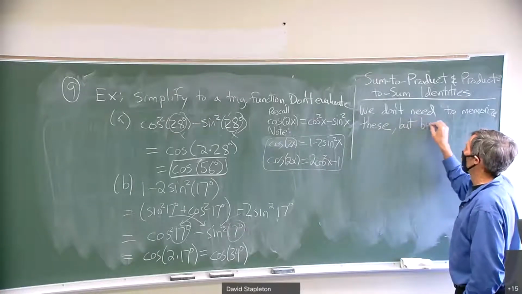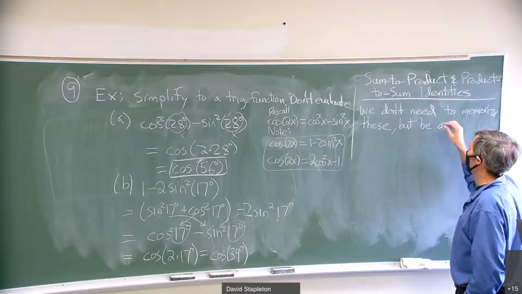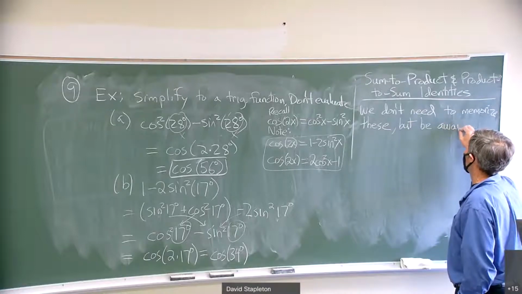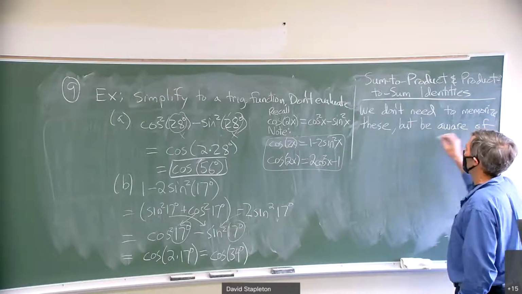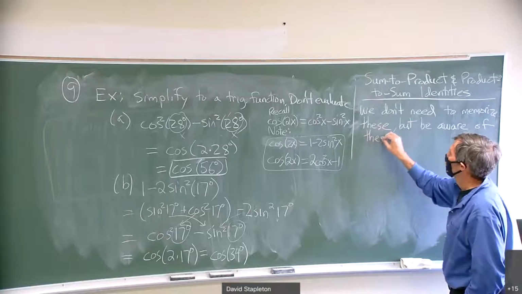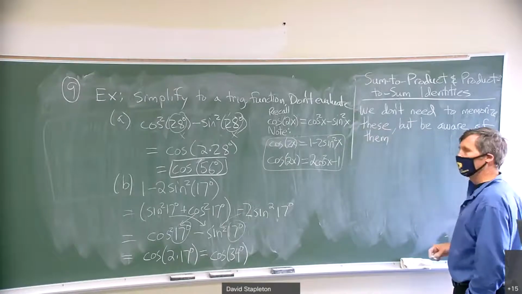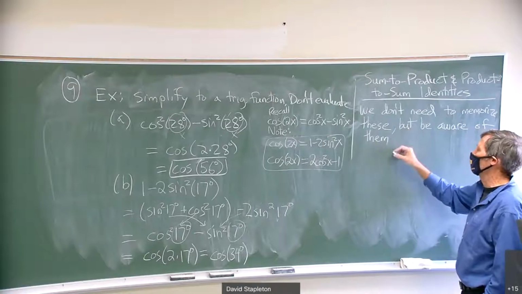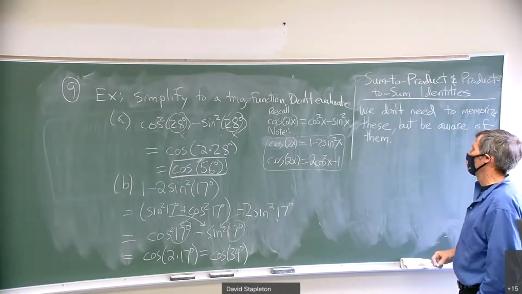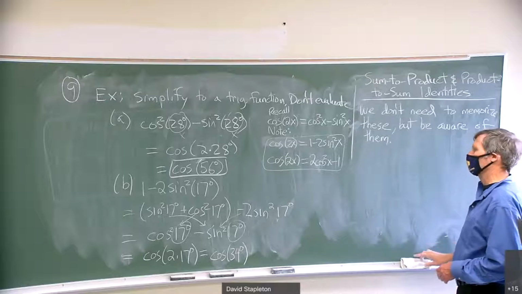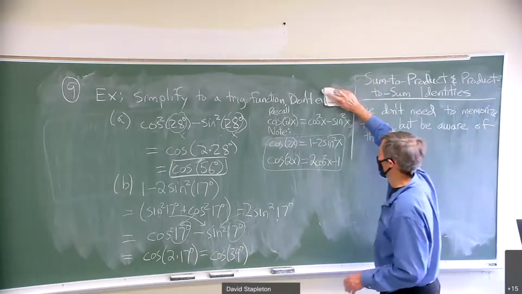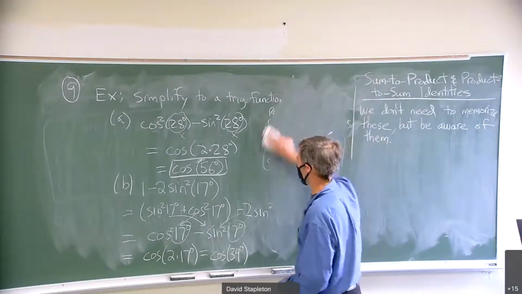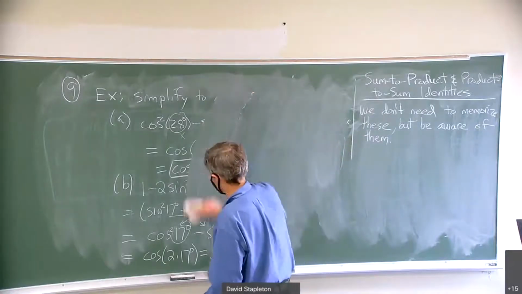So be aware of them, that you can convert a sum of trig functions to a product and a product of trig functions to a sum. And actually, as far as these go, only the sine and cosine are important for these sum of product identities, because they're pretty much only used with waves. And we'll have a good example, hopefully, at the end of the period using them.